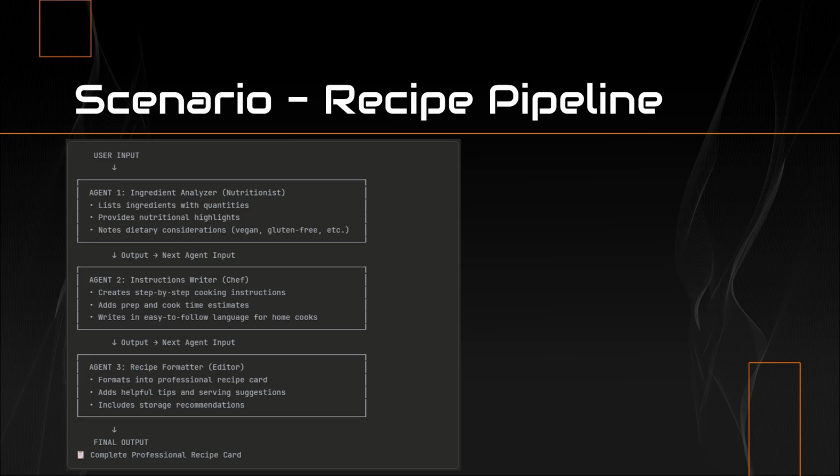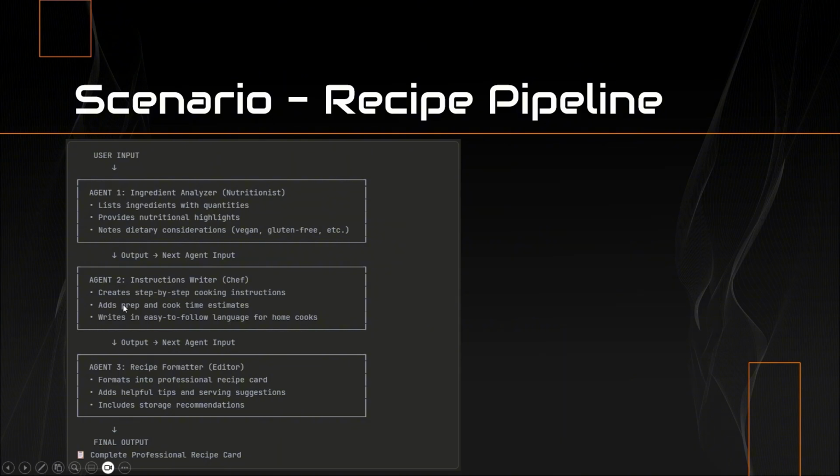Agent 1 is the ingredient analyzer, a nutritionist who knows about ingredients and quantities. So I send this user question to this agent, and I get the output and pass it to the next agent as an input.